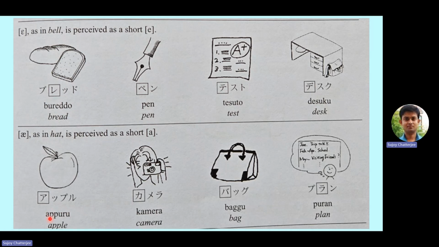Camera becomes kamera. Bag becomes baggu. So ba sound here. Similarly, plan, puran. In this way, the a sound in an English word will be treated in katakana using the a sound.